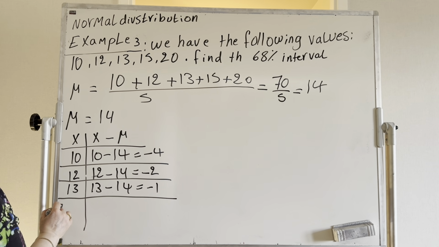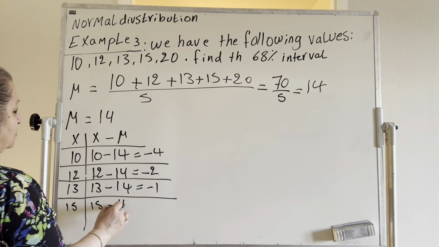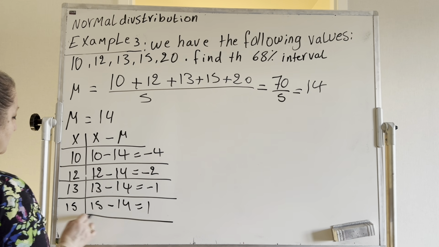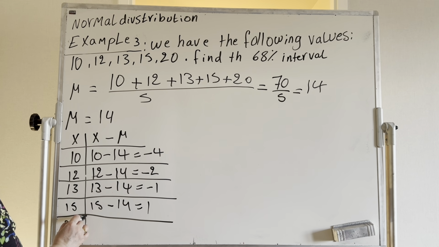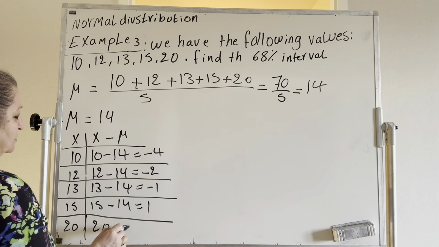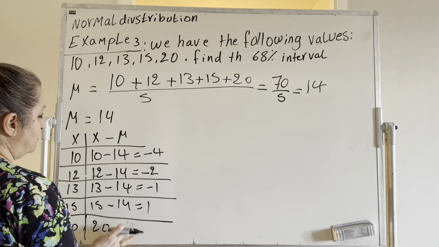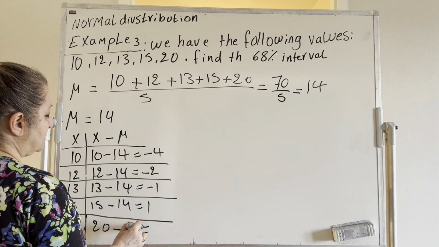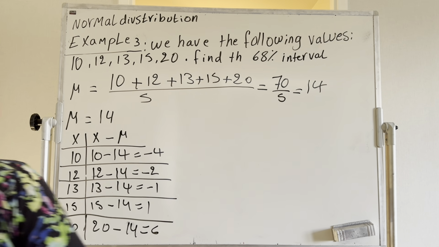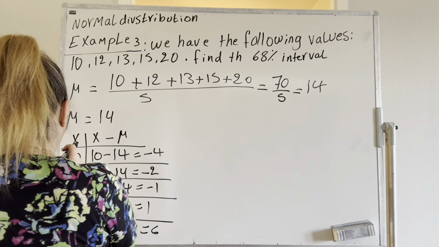And 15 minus 14 equals 1. And the last, 20 minus 14 equals 6. So these are the differences.